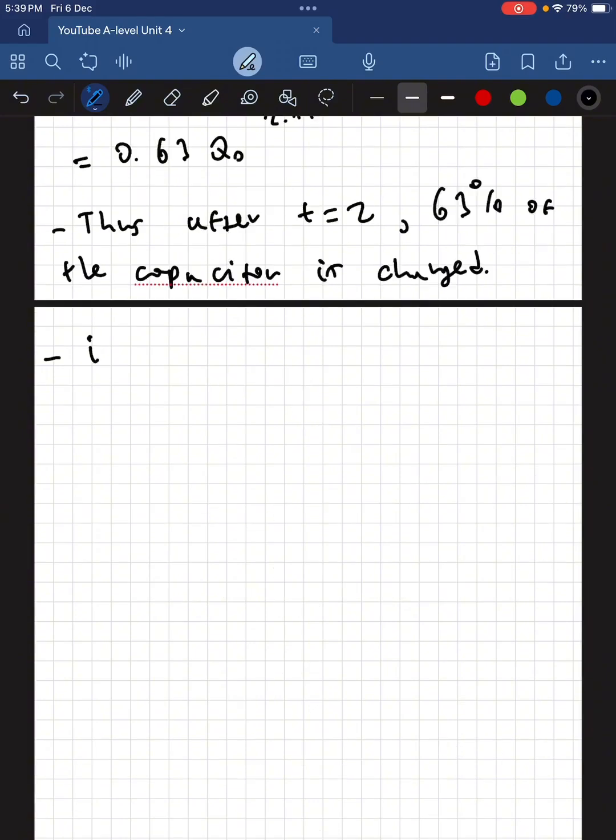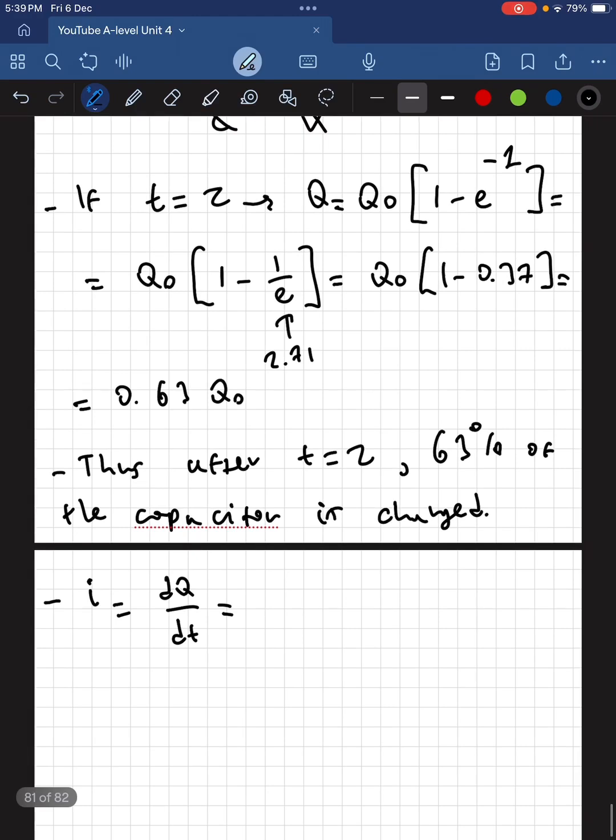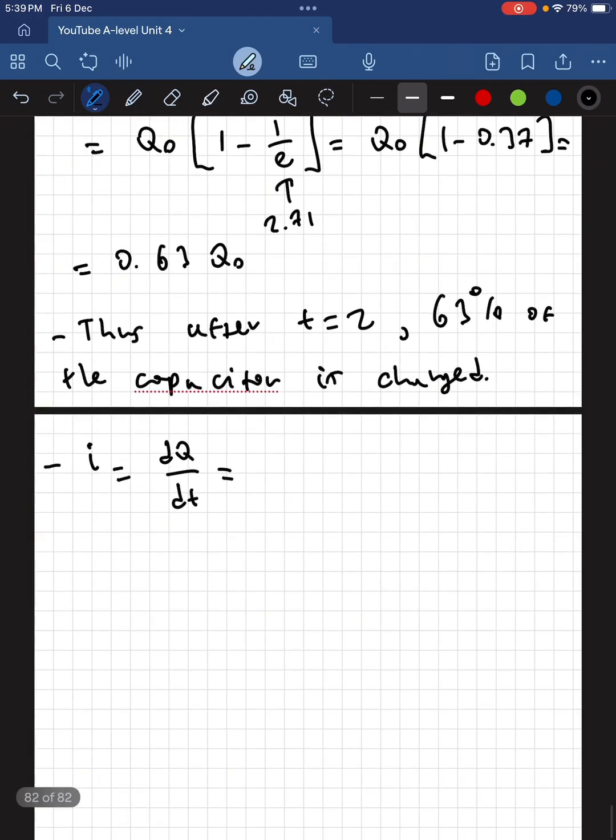Okay, so let's see what's happening with the current in the circuit. So I is dq over dt, right? But we have the equation for q, and if we plug everything in, guys, please work this out on your own. It helps. Algebra helps. So q naught over RC e to the minus t over RC is what we get.